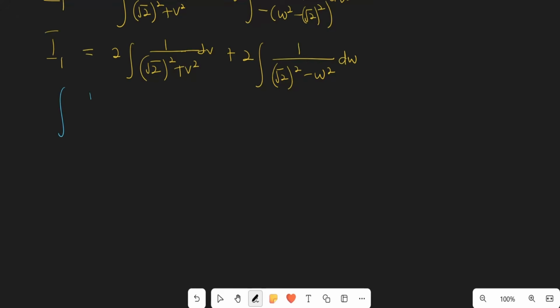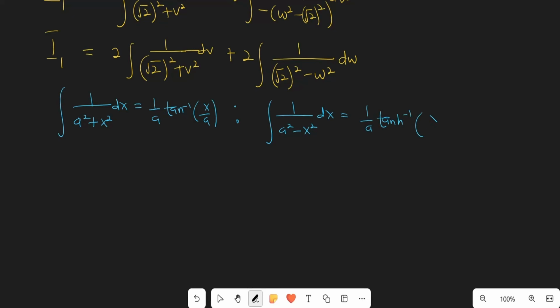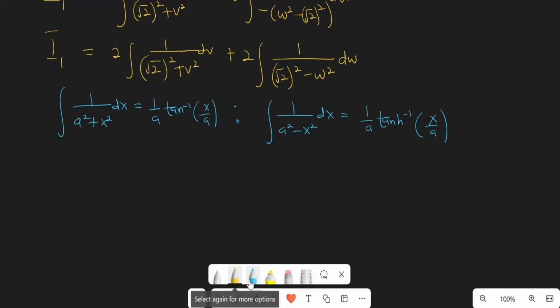We have the integral of 1 all over a squared plus x squared dx, this is the same as 1 over a, the tan inverse of x over a. And if we have something like the integral of 1 all over a squared minus x squared dx, this is the same as 1 over a, the tan hyperbolic inverse of x over a. So we are going to use these ones to solve our integrals.